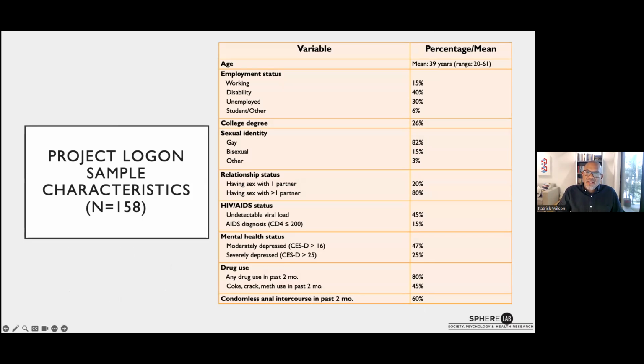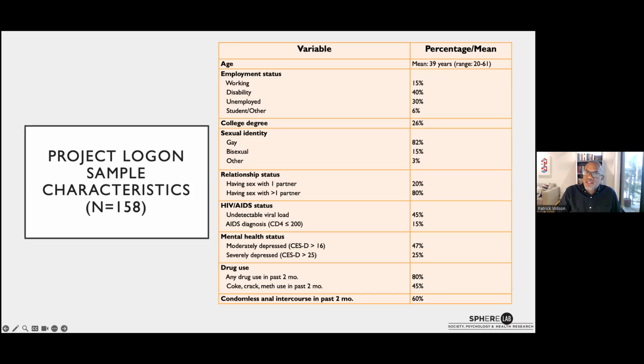Historically, when I've gotten data from community samples, we have had a good proportion of participants who are of lower socioeconomic status, often in circumstances that make them vulnerable to different social and physiological outcomes.